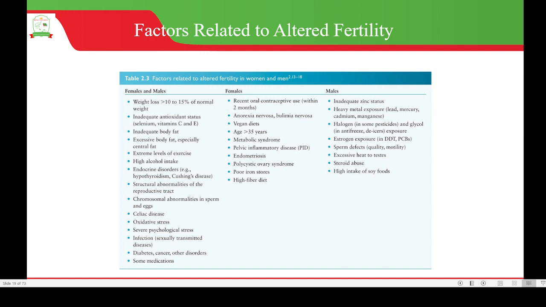You find that the sperms have abnormalities in quality and also motility. Some of them are not able to swim adequately. Excessive heat to testis, then steroid abuse and high intake of soy foods. So all these factors together may lead to altered fertility. It's not only one single factor that acts, but it is a combination of factors that may cause altered fertility.